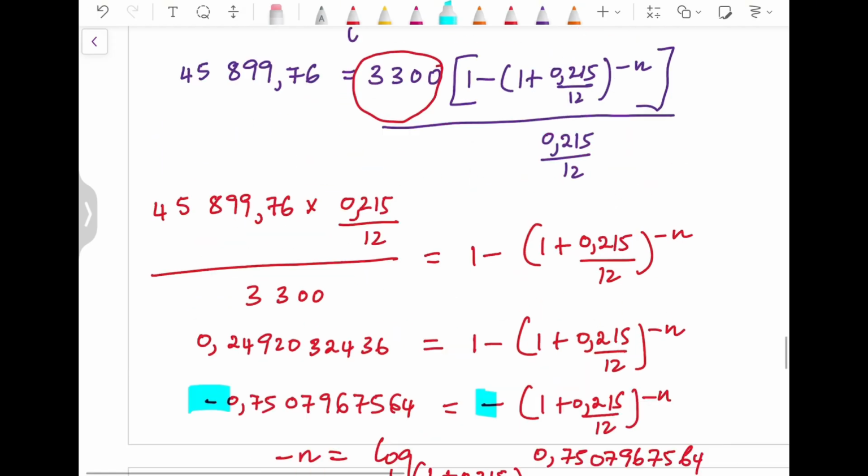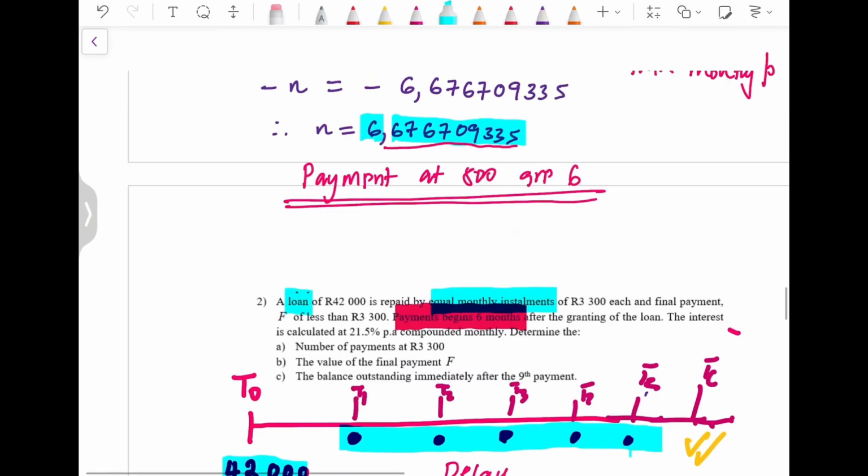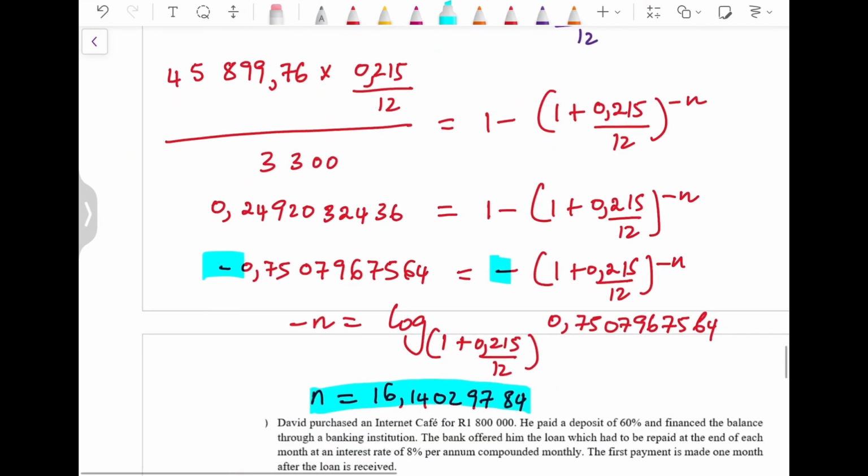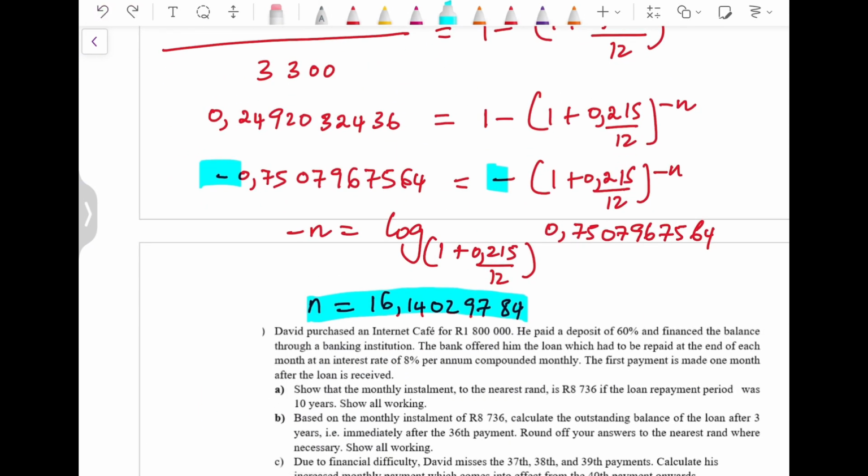Now remember, the question was very specific. We are looking for the number of payments at 3,300, so we are looking for full payments. Remember earlier on we said this 16 here represents full payments, and the decimals represent the payment that is not full, which is the final payment.